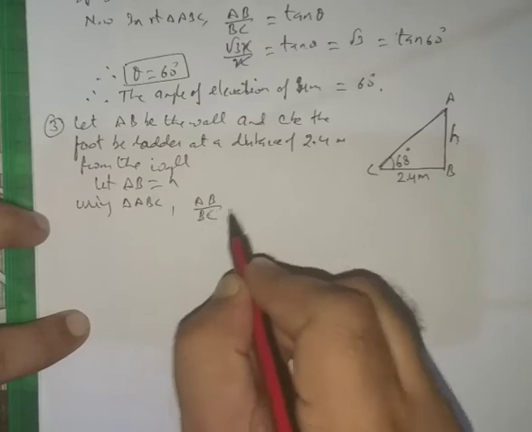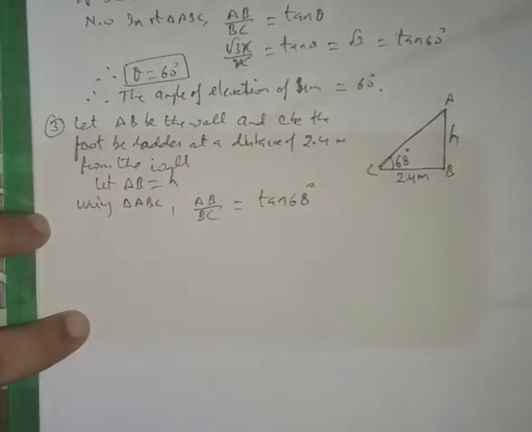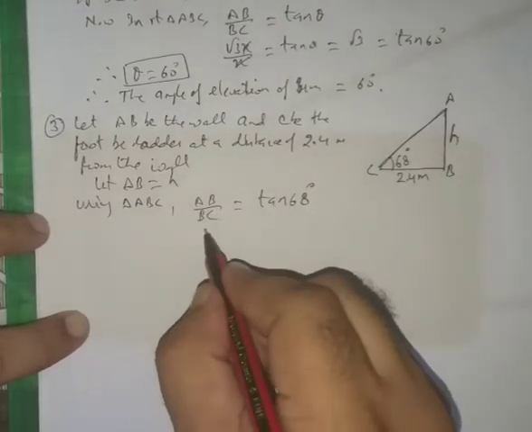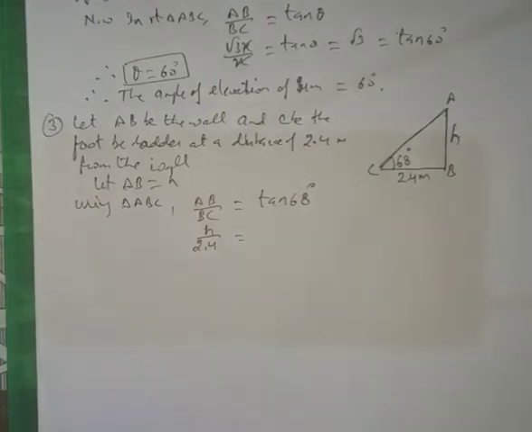AB over BC is equal to tan 68 degrees. So AB is H and BC is 2.4, and we have to look at the value of tan 68.